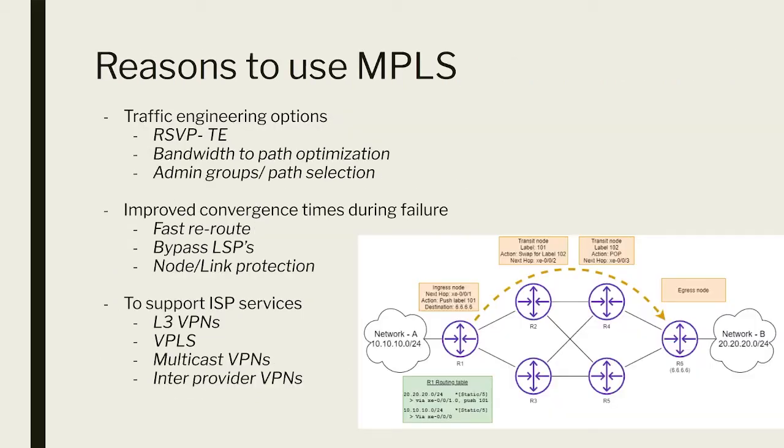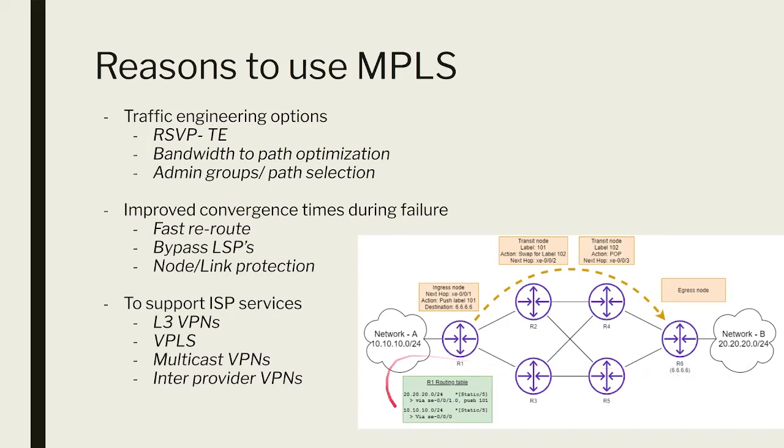Yet again, jumping ahead in slides, if we want to form an LSP from R1 to R6, well, R1 and all the devices in the middle need to know the reachability towards R6, i.e. R1 needs to have in its routing table some path or some routing information that dictates the interface and the next hops towards R6.